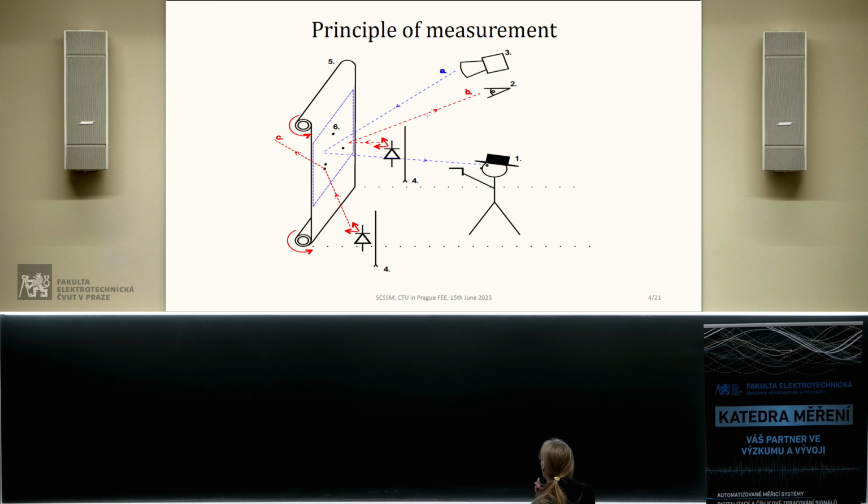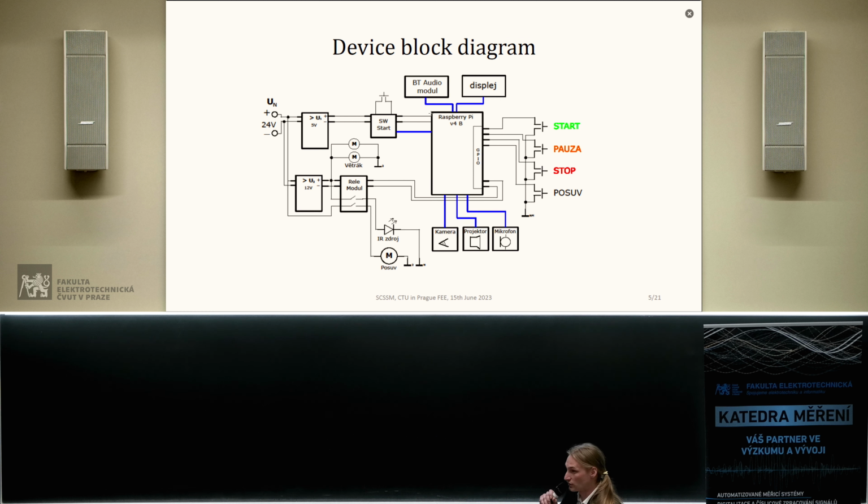I can say that the shooter can see only the projected target from the data projector, because the light is in the infrared spectrum. Here we can see a schema of our device. I use a 24 volt architecture, and the device is controlled by 5 buttons.